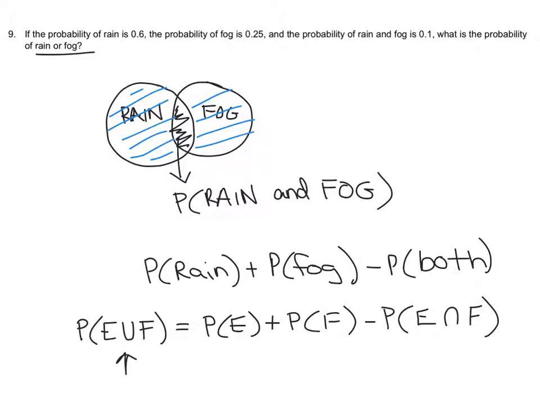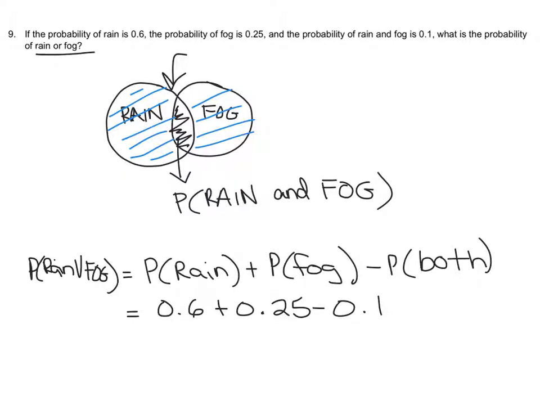And this uppercase U is a union symbol, and that represents the probability of event E or event F. And then the lowercase u is the intersection symbol, and that represents the probability of E and F, which is the overlap represented in my Venn diagram.